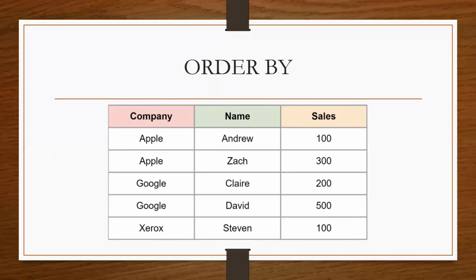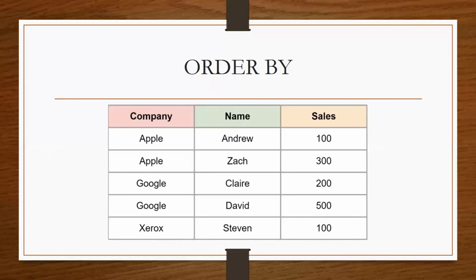Notice that we have duplicate entries under company, Apple and Google, right? So we could select 3 columns here, and then order by the company, and then order by sales.